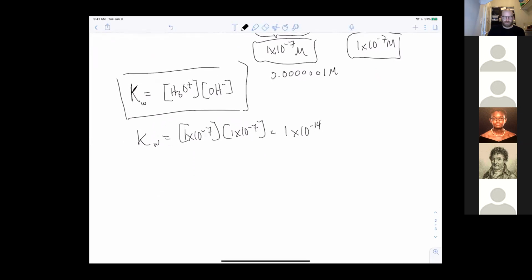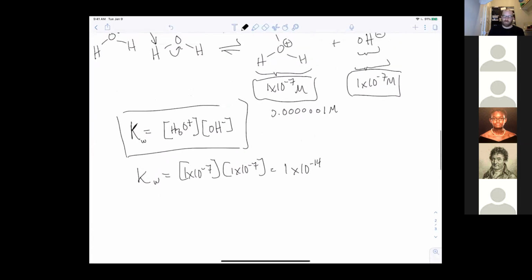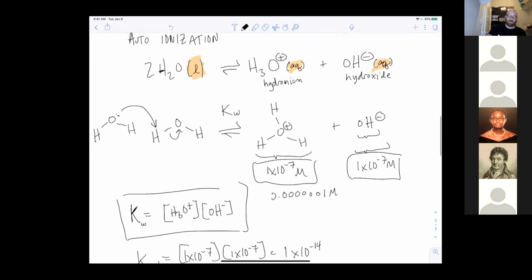So if you fudge the pH a little bit, say this is for pure liquid water, and I add HCl to this, now I'm going to form more hydronium.